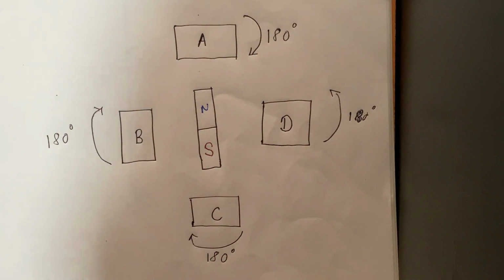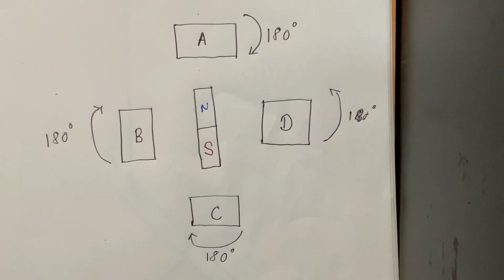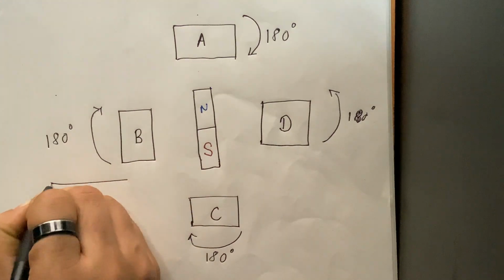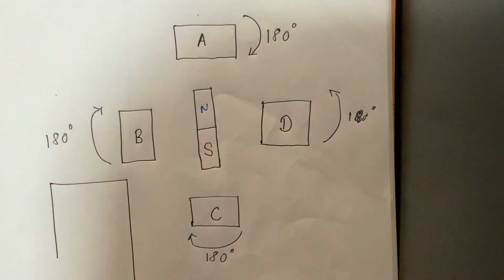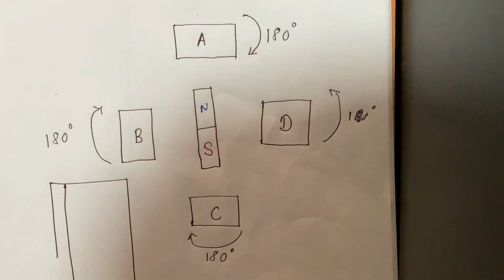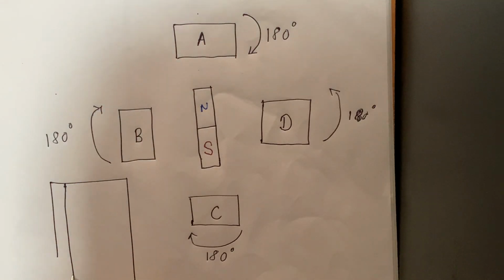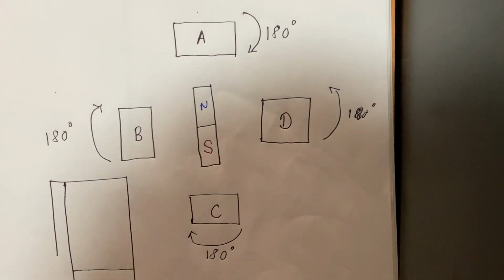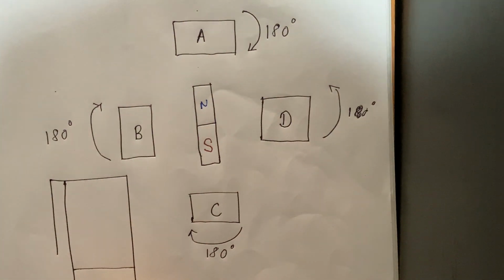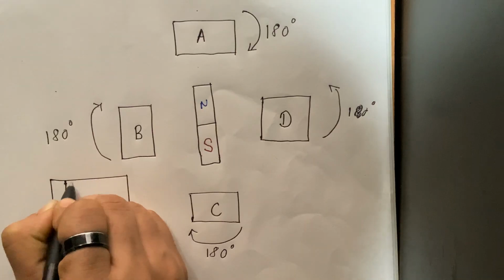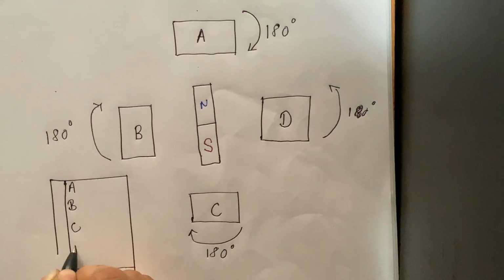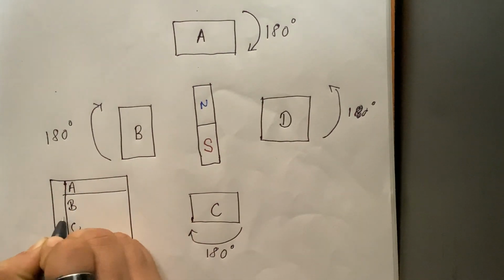Now we will be mapping. We'll create a table and we'll be mapping the values for A, B, C and D. You'll get to know what I mean. So basically this is A, this is B, this is C and this is D, and these are the values.